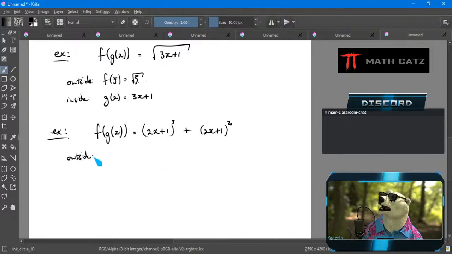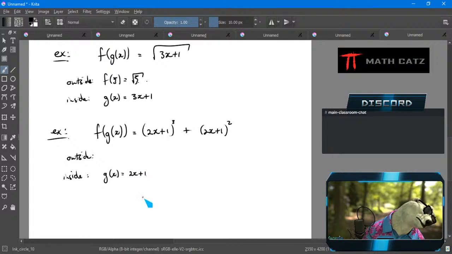What are the functions? Now, there could be a level of trial and error here, a little guess and check. That's okay. I see the same thing in the brackets. I'm going to try a 2x plus 1. That's okay.